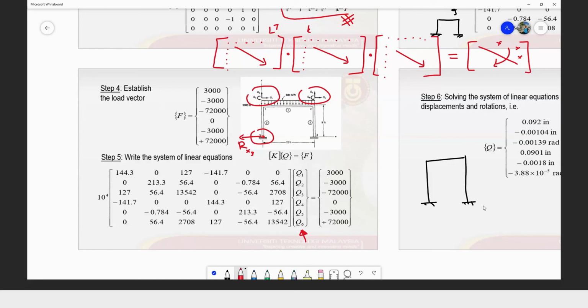So setengah orang dia tulis macam gitu. Setengah student dia start dia start 1, 2, 3, 4. So kalau kita pakai Q1, 2, 3, 4, 5, 6, dan susunan dia dah jadi lain tau. Dia dah jadi 1, 2, 3 dekat sini, dan 4, 5, 6 dekat sini kan. 4, 5, 6.